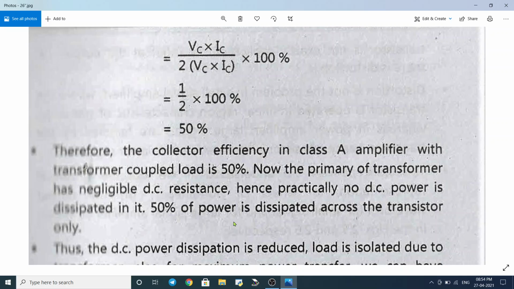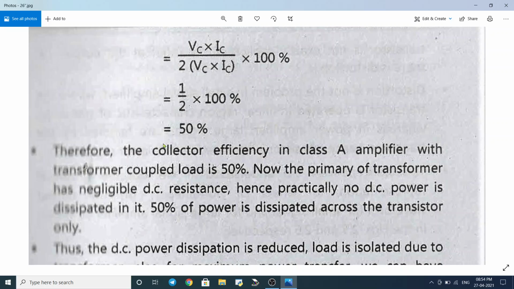The efficiency of class A power amplifier with resistive load is equal to 25%, and the collector efficiency of class A power amplifier with transformer coupled load is how much? 50%.